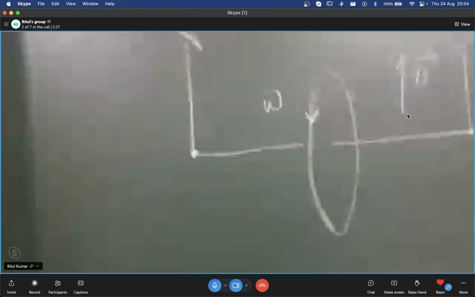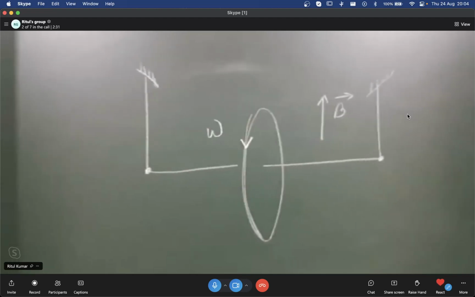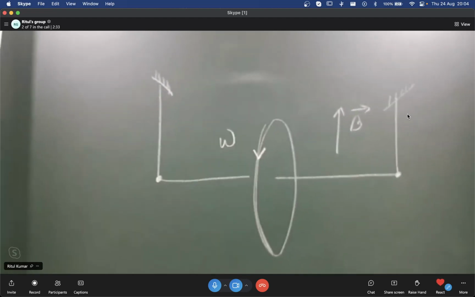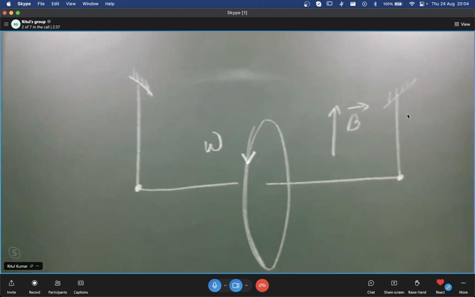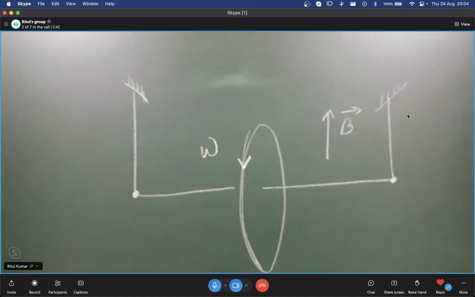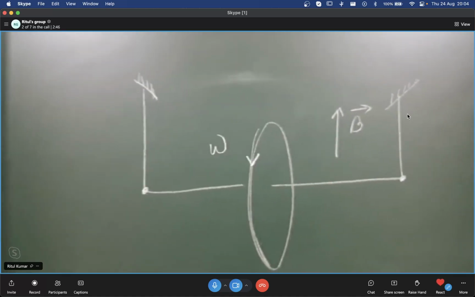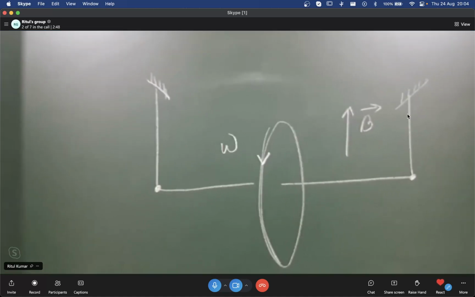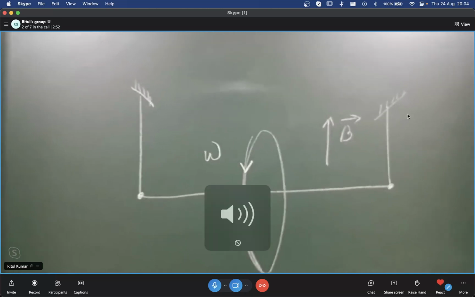Now, check the figure, please. So could you explain the setup again? This is a B field which is vertically upward. There are two strings to which a disk is connected. Disk is bearing charge Q. And we rotate this with an angular speed omega.